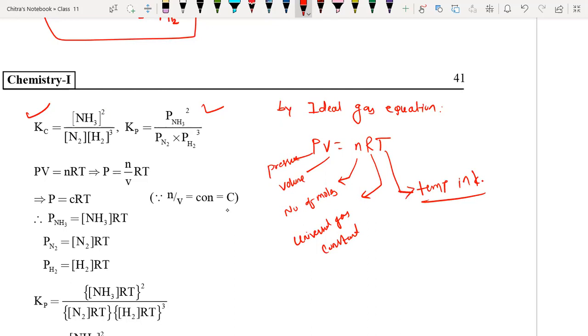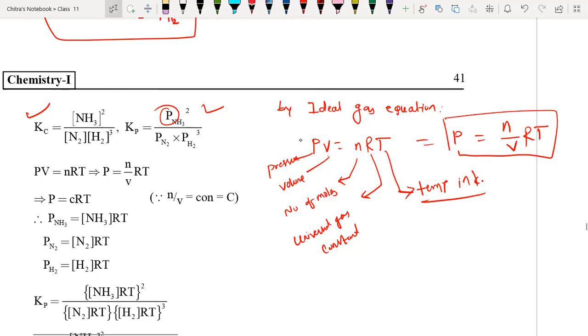Now I'm just transferring V to the other side. So we will have P equals n divided by V, into RT. This is the relation for the pressure. And we know the number of moles present in a given volume of solution is nothing but the concentration.